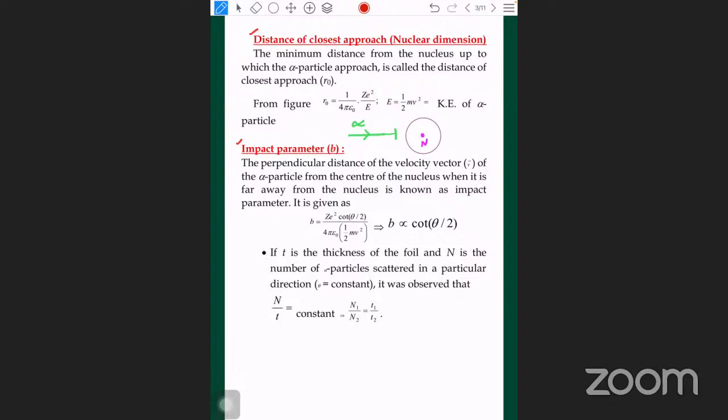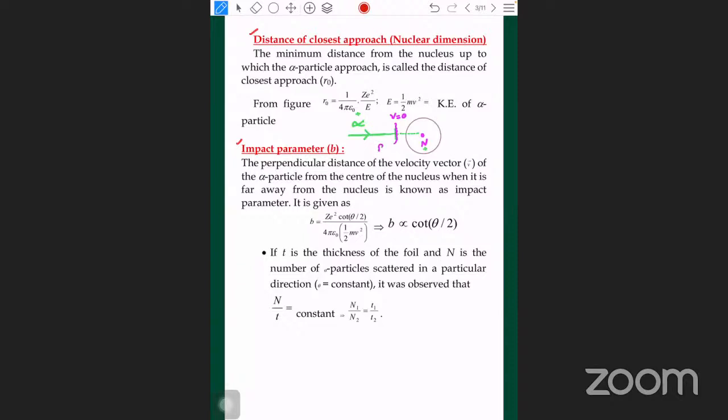Why does it have to stop? Because the nucleus is positively charged, and the alpha particle is also positively charged, so it gets repelled back. At the point where the alpha particle comes to rest, its velocity will be completely zero.